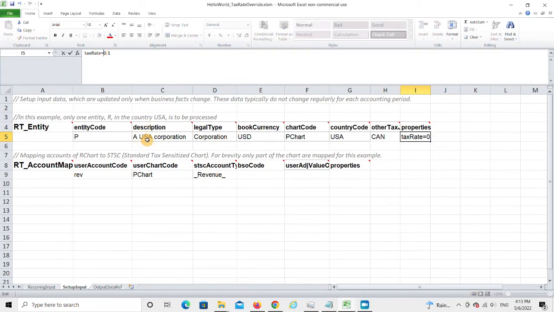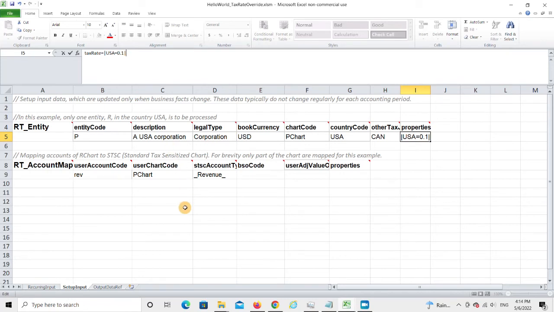We're going to say USA tax rate is 10%, and we're going to use a pipe delimited field because you can say later on Mexico is 3%, for example. So this is a pipe delimited list for each jurisdiction where you want to supply a special rate to override the engine's rates.